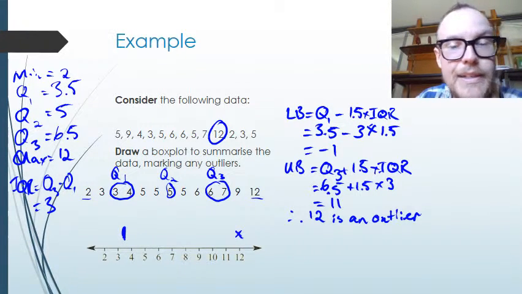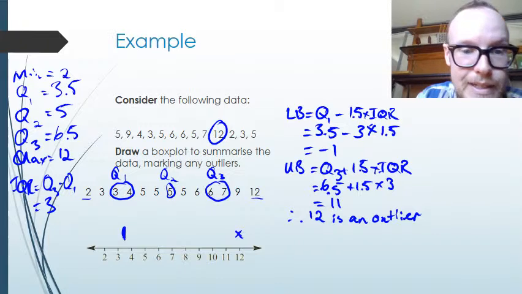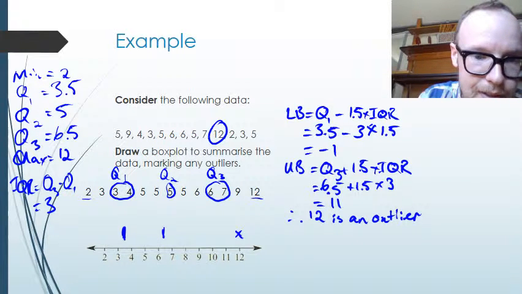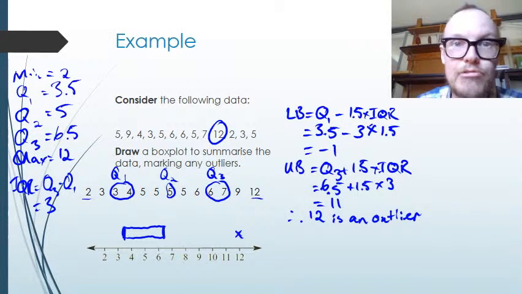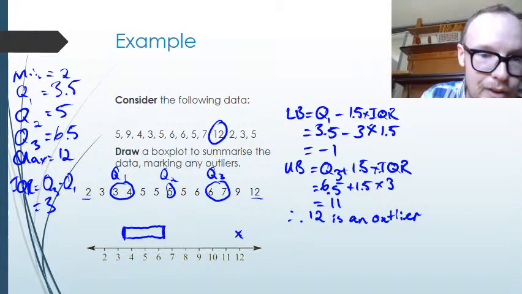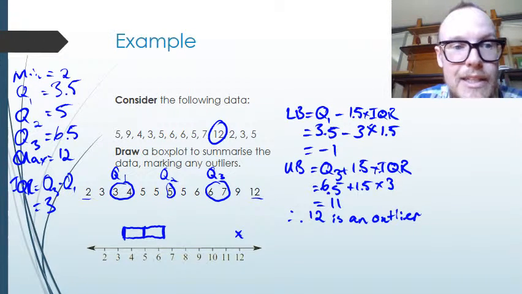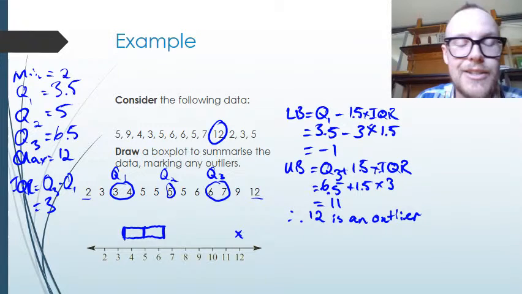And our upper bound for Q3 is 6.5, so it can go here. Draw our box around it. You'll use a ruler, of course. And Q2 is going to be 5. That's our median, so we draw a line in the middle at 5, where 5 is. There we go. And then our whiskers extend to the minimum and maximum values that aren't outliers.